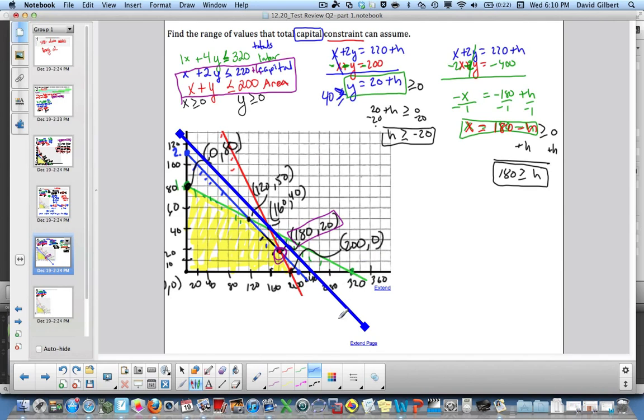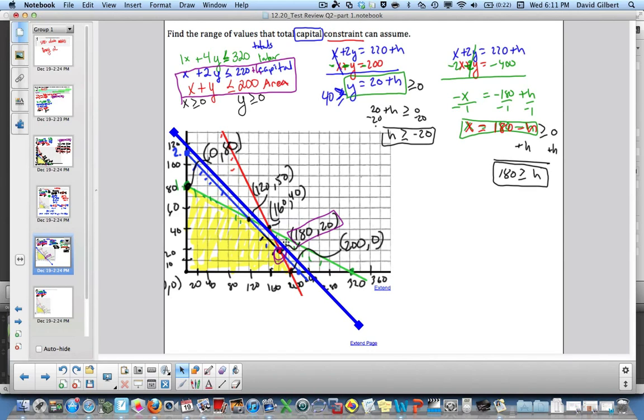Similarly, because the x-coordinate here is 160, the x-coordinate has to be more than 160. Not only does it have to be more than 0, but our x-coordinate of our optimal point now is 180.